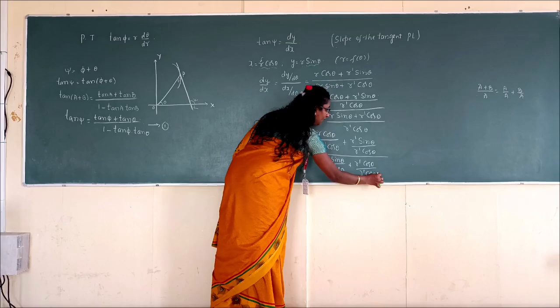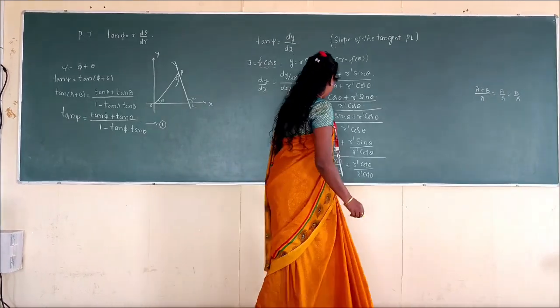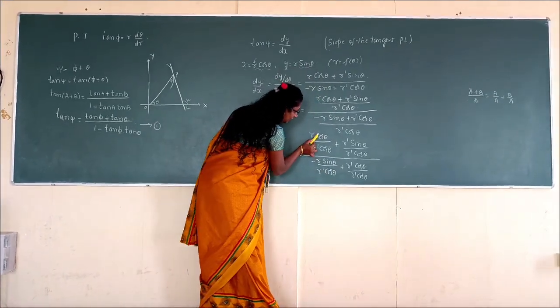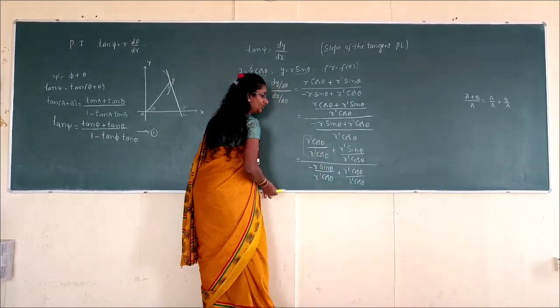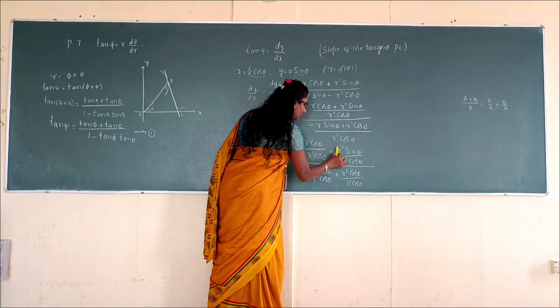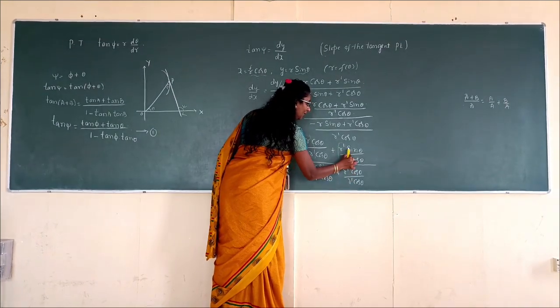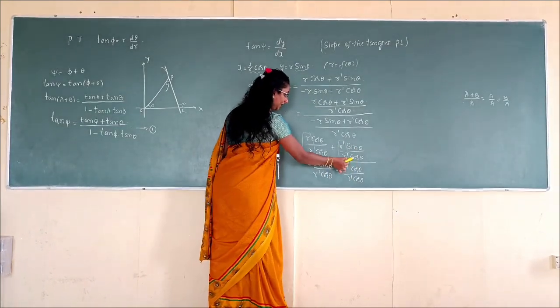So now, after cancelling the cos theta, what is remaining? We have r by r dash, and here r dash gets cancelled and the remaining is sin theta by cos theta.